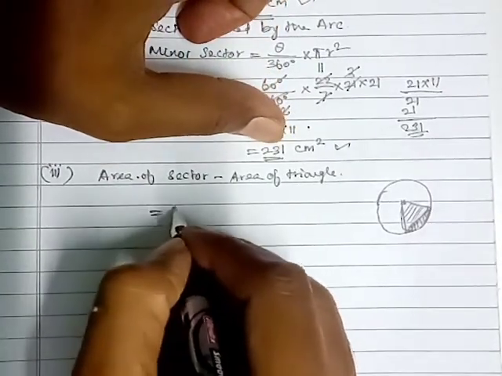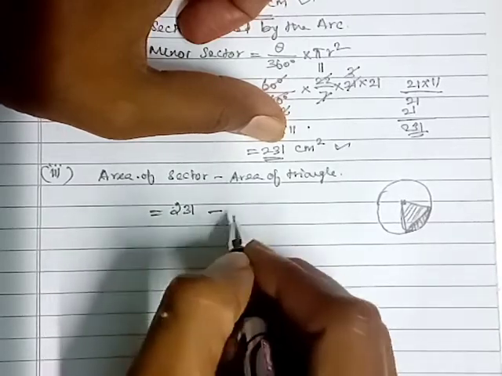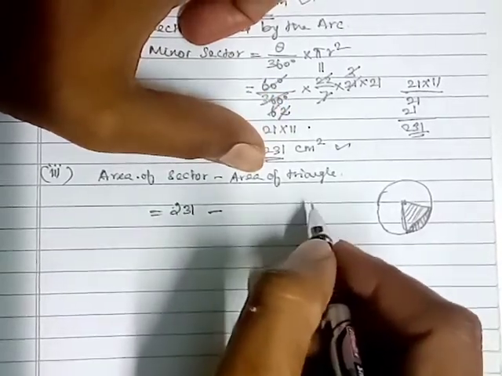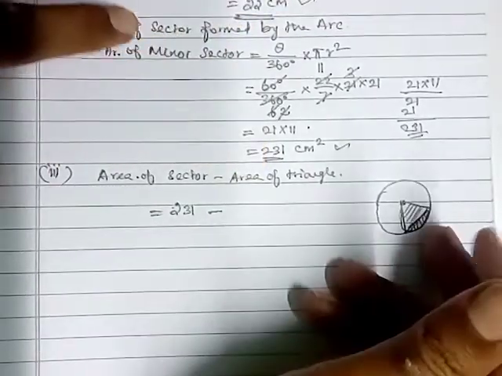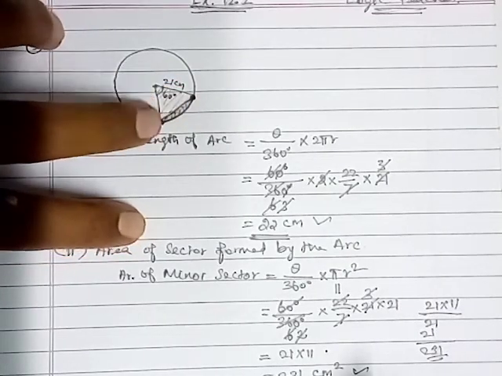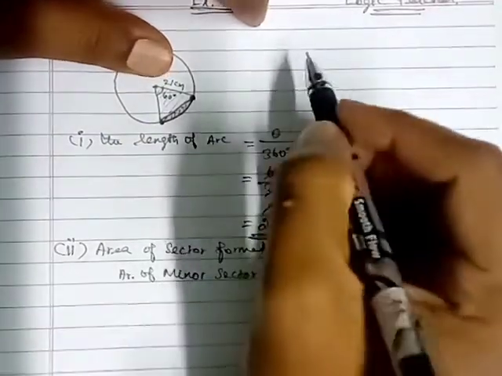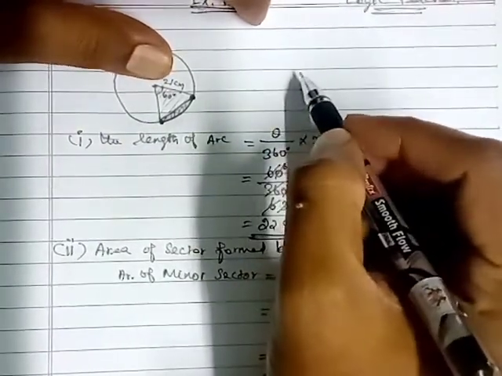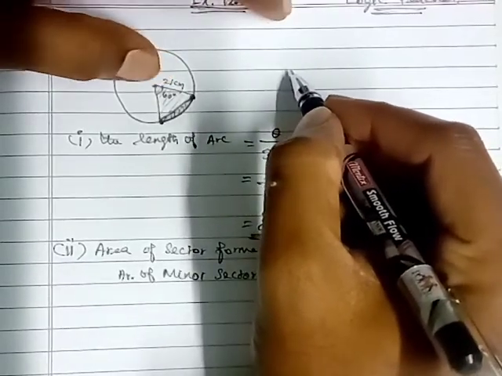So this is equal to 231 minus, what is area of triangle? Whenever you see the angle of 60 degree here, this will be the equilateral triangle. Why? We know the property of triangle is sum of the three angles.